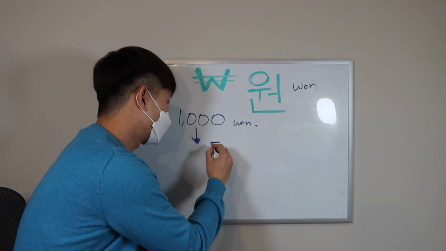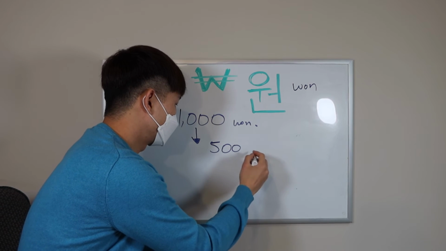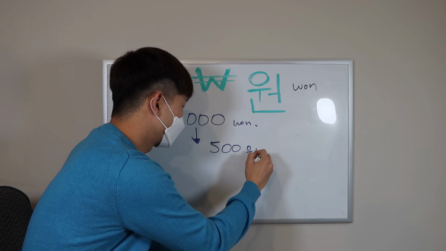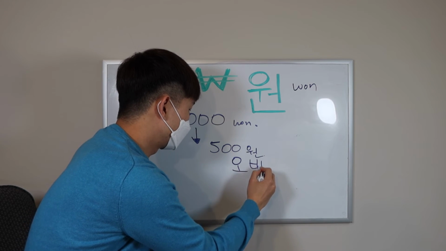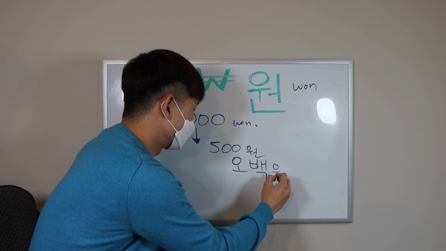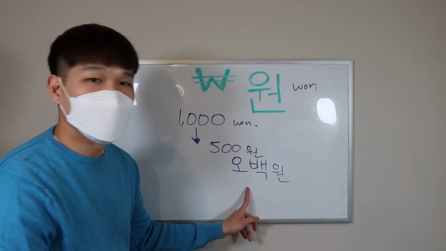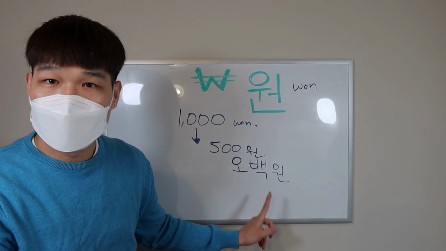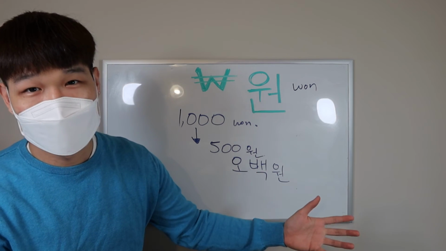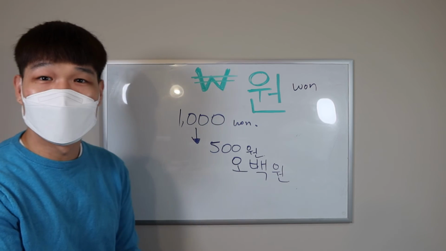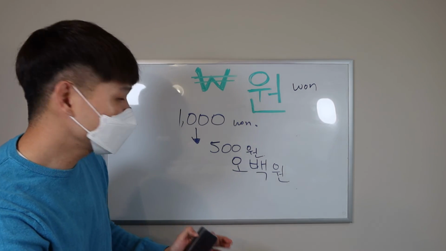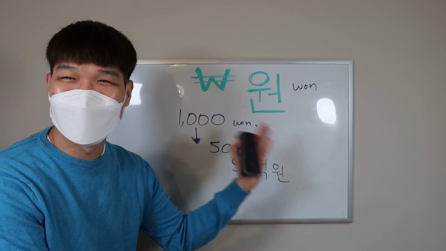So there's 500 won, which is basically 50 cents. Makes sense, because 500 won is half of 1,000 won. That's why we started with 1,000 won.